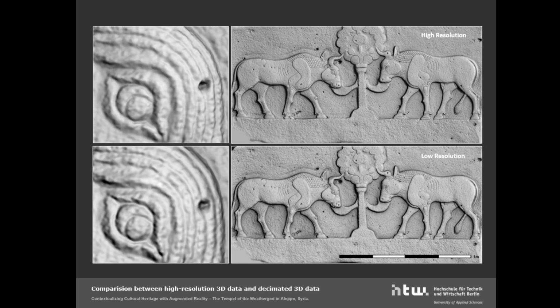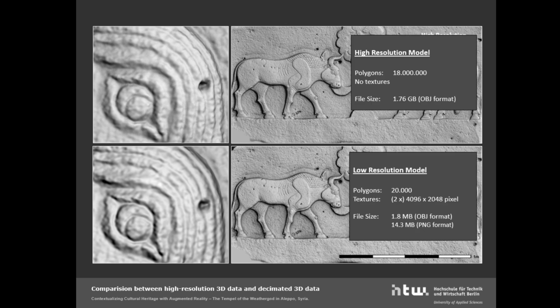So we did that. We can see here a comparison between the high resolution model and the real-time capable model, which we can really work with. If you look at the file sizes, from 18 million polygons down to 20,000, 1.8 gigabytes to a couple megabytes.